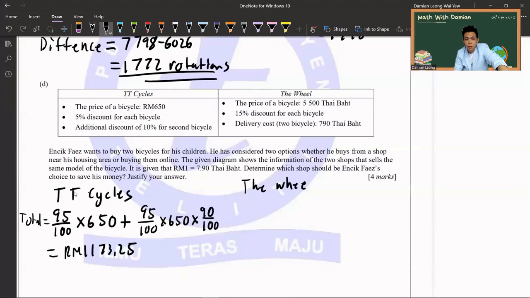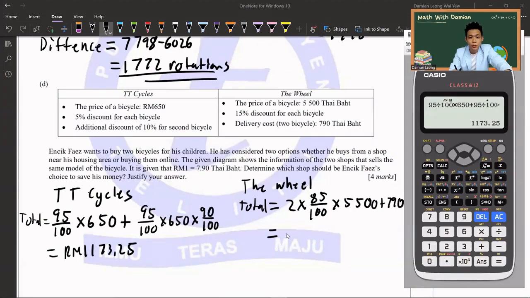Consider the wheels. Total that has to be paid. 15% for each bicycle. So it's just twice 15% discount. Means 85% of the total price times the 5,500 Thai baht, but I have to plus another 790 Thai baht for the delivery fee.